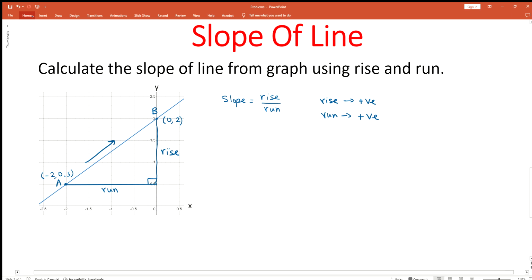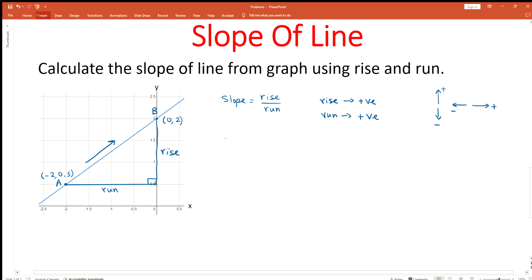It is an important concept we need to understand and memorize that rise is positive in the upward direction and negative in the downward direction, and run is positive to the right side and negative to the left side. Now we can calculate the rise and run for these 2 points.